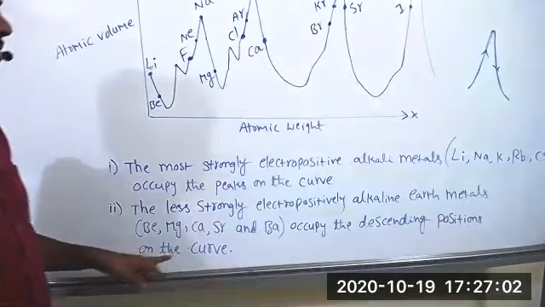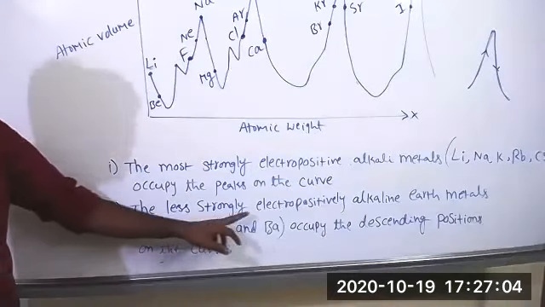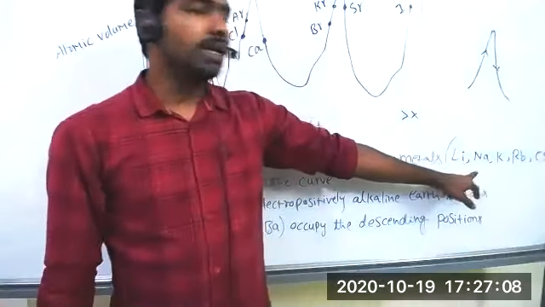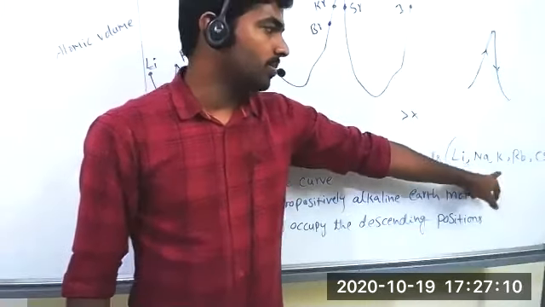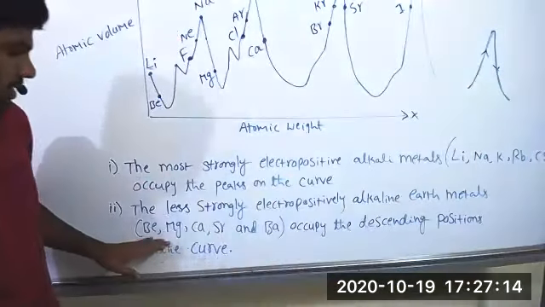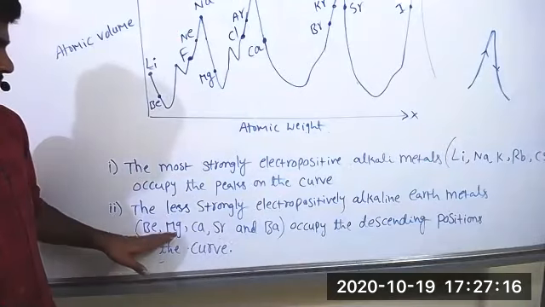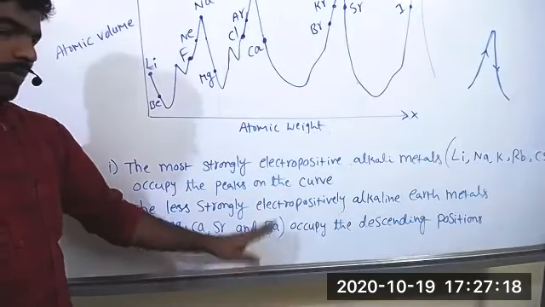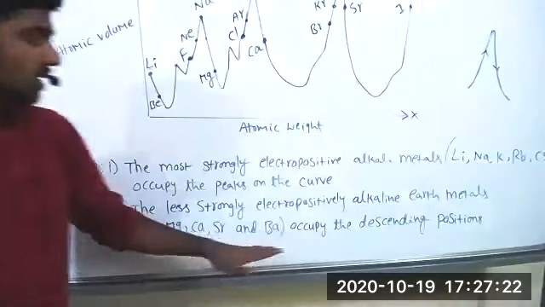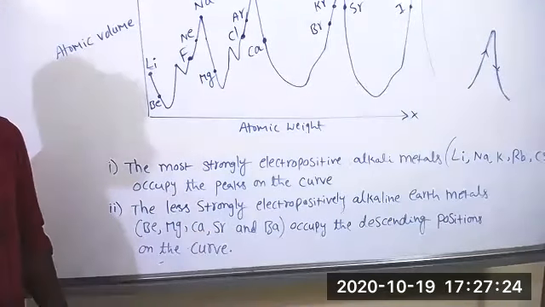Now see this point. The less strongly electropositive. These alkali metals are highly electropositive: lithium, sodium, potassium, rubidium, cesium. Next, beryllium, magnesium, calcium, strontium, and barium are also electropositive, but compared to these they are less electropositive.